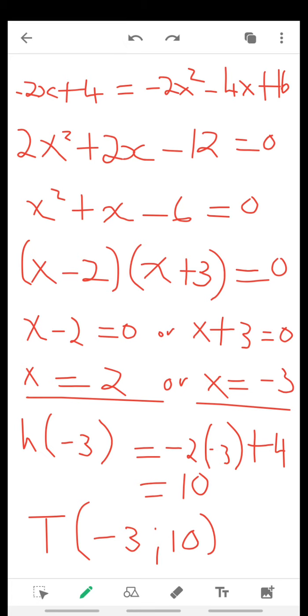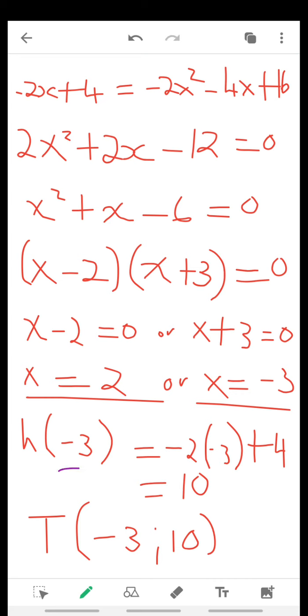And then how do we find the y value? We substitute that x value into one of the equations. You can either substitute into k of x or h of x. Hence I used h of minus 3, which is my x value of the intercept, and then I found that the y value of the intercept was 10. What does it mean?